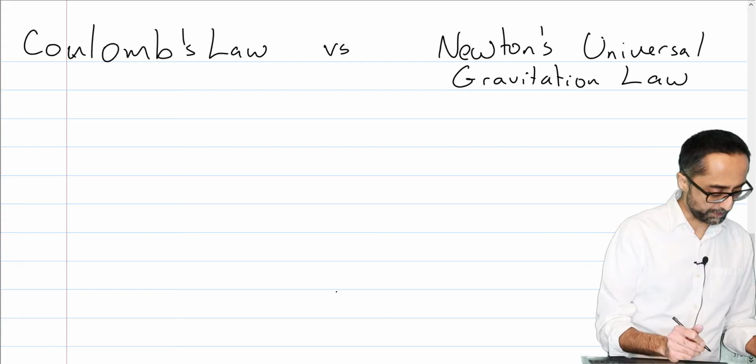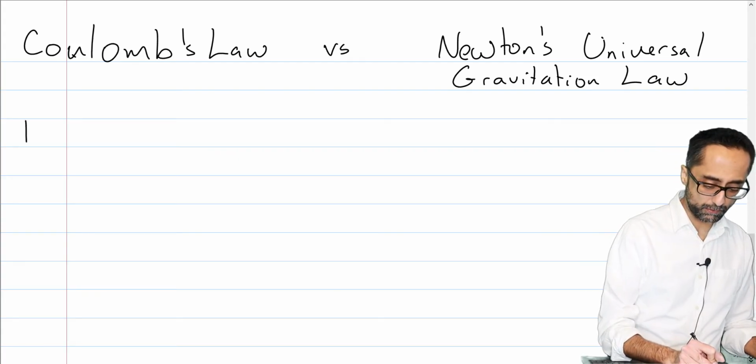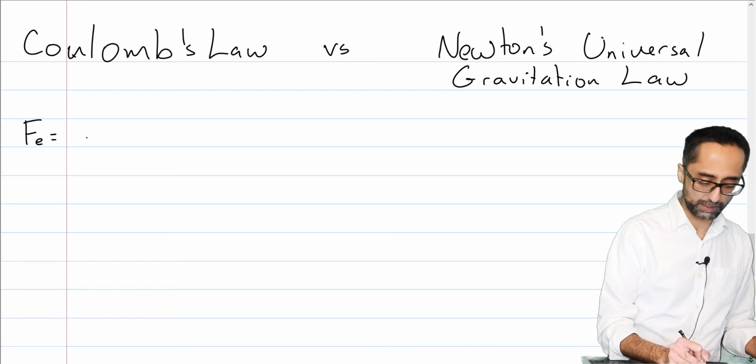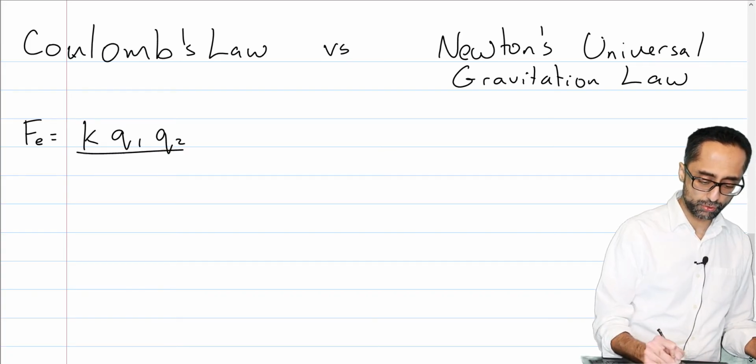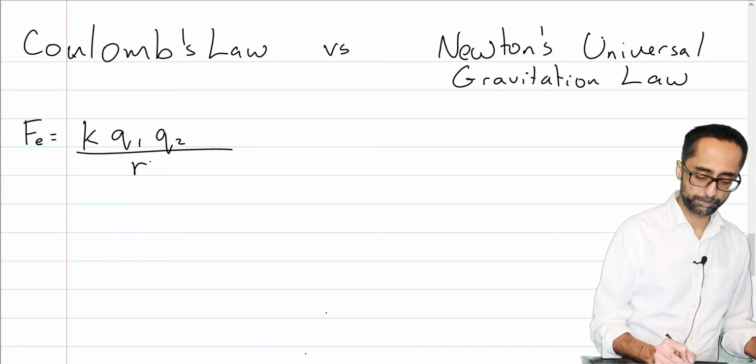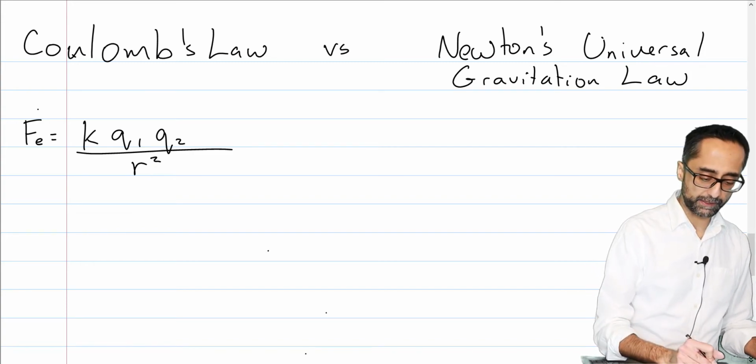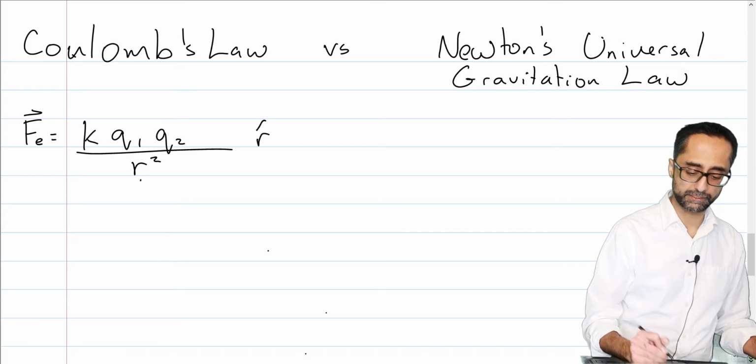And so we'll start by writing the equations down. Our old force equation for Coulomb's law, we'll call it Fe for the electric force, is given by k q1 q2 over r squared, and we'll write it in vector form, with an r hat.